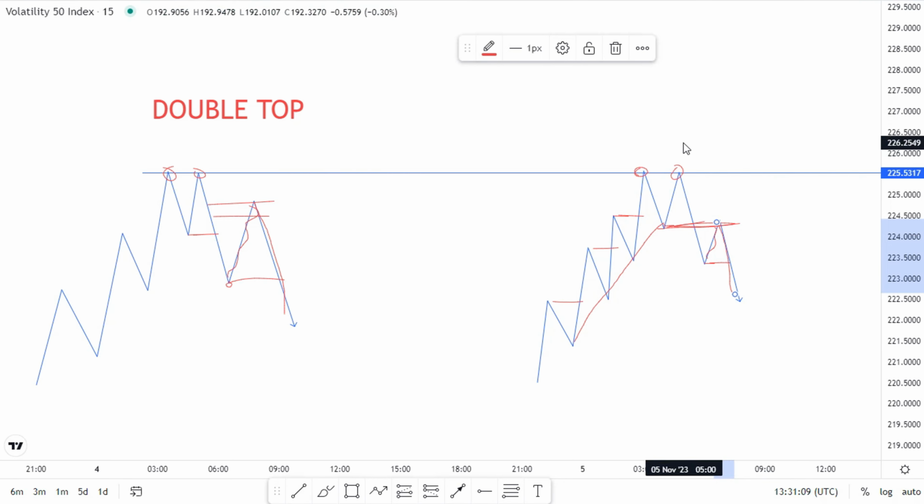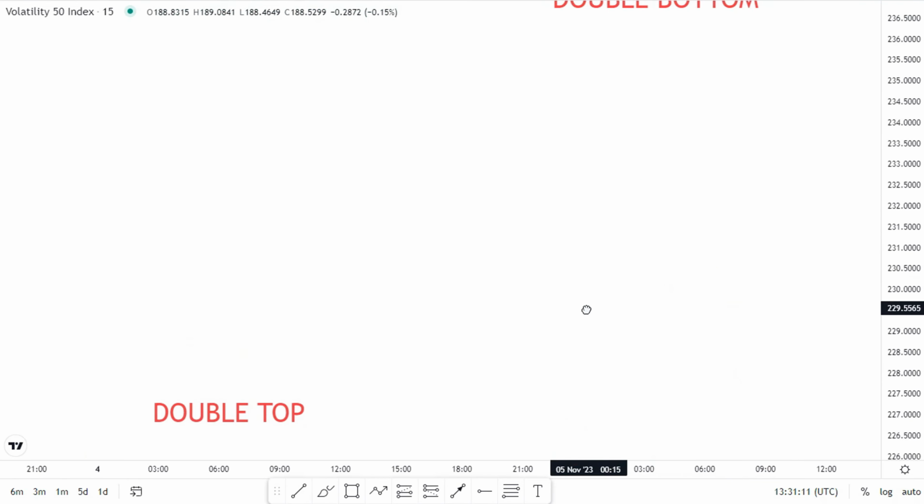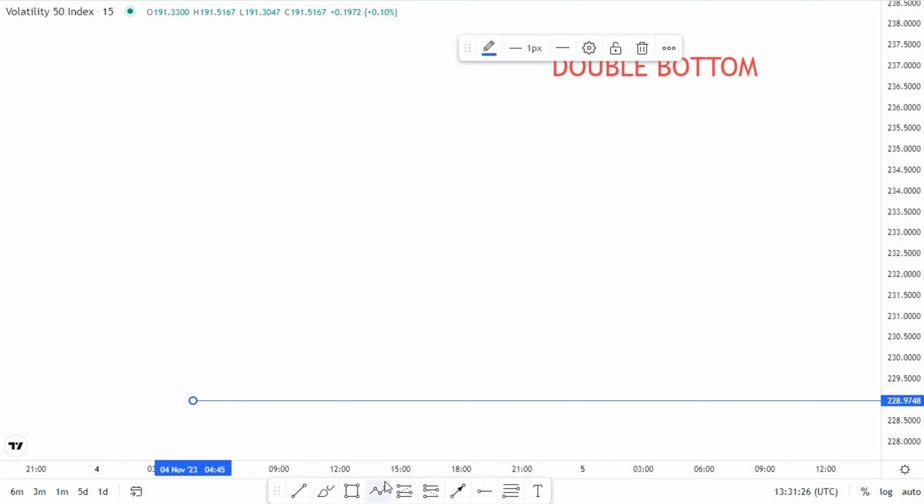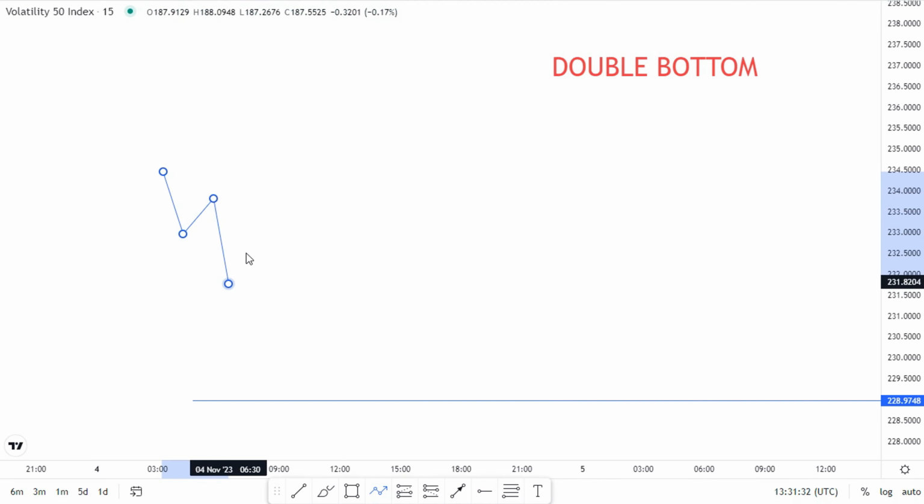Let us check the other side of the coin, which is the double bottom. The double bottom is just the vice versa of the double top. So here we have this strong support around these areas here, and we have this first scenario of a chart moving onto a downward trend.